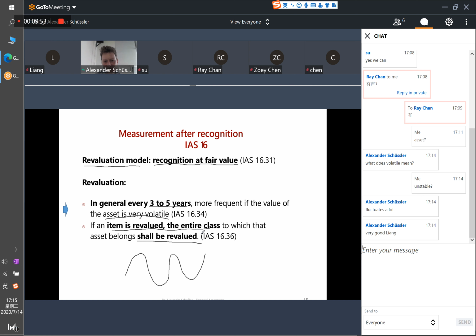The entire class has to be revalued. No cherry picking.